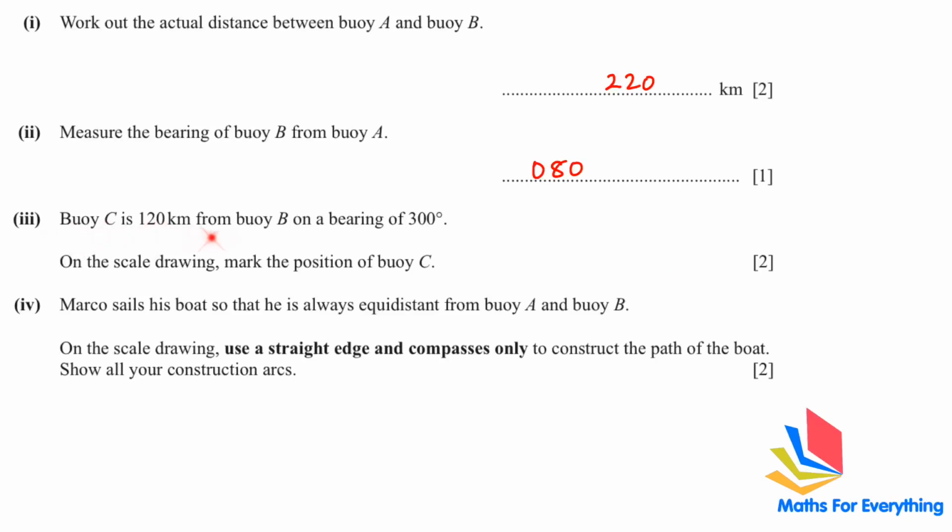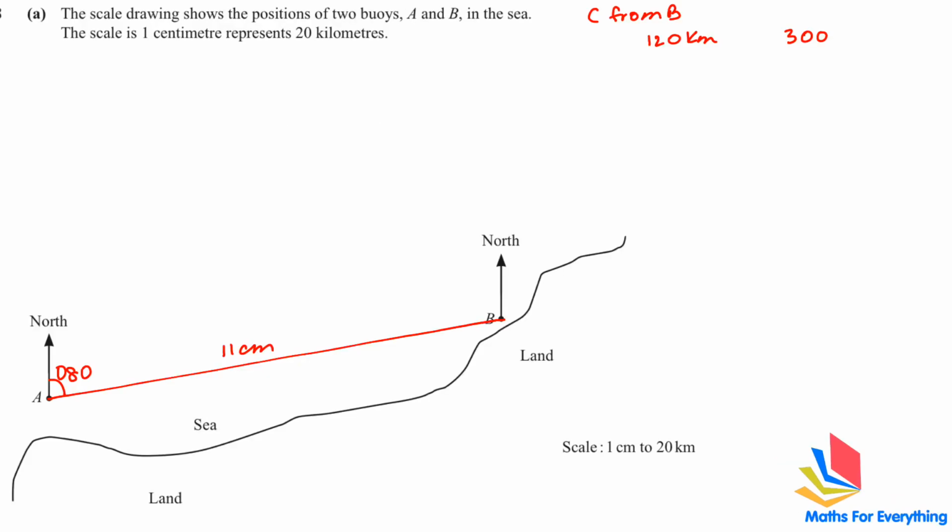Next, boy C is 120 kilometers from boy B on a bearing of 300 degrees. On the scale drawing, mark the position of boy C. We will need to use a protractor and a compass. First, we are going to convert the kilometers into centimeters. We know that 1 centimeter is 20 kilometers.